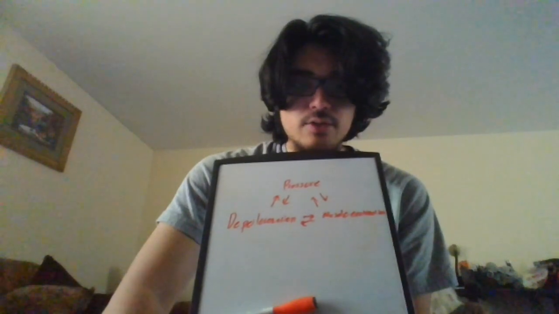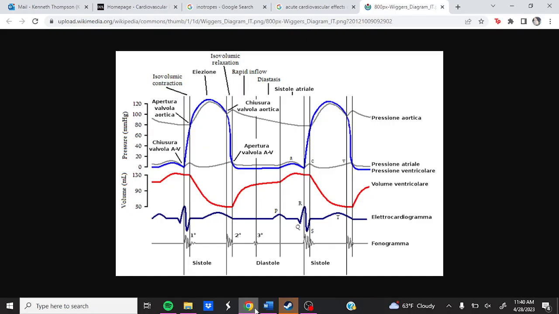So going back to the diagram, this is what it would look like. So this starting pressure needs to be higher, as well as this ventricular pressure.